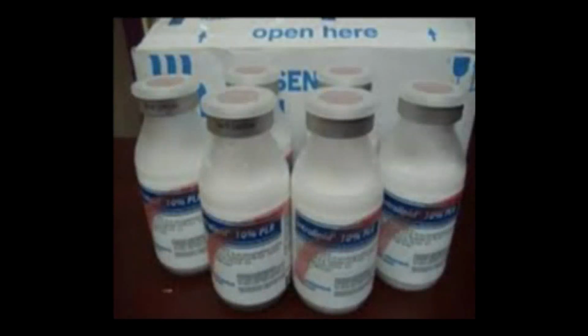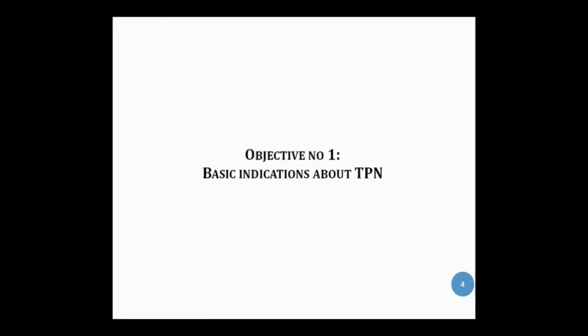A TPN solution contains proteins as crystalline amino acids, fats as 20% Intralipid or 10% Intralipid, carbohydrates as glucose, electrolytes like potassium, sodium, calcium and magnesium, and certain trace elements along with it.